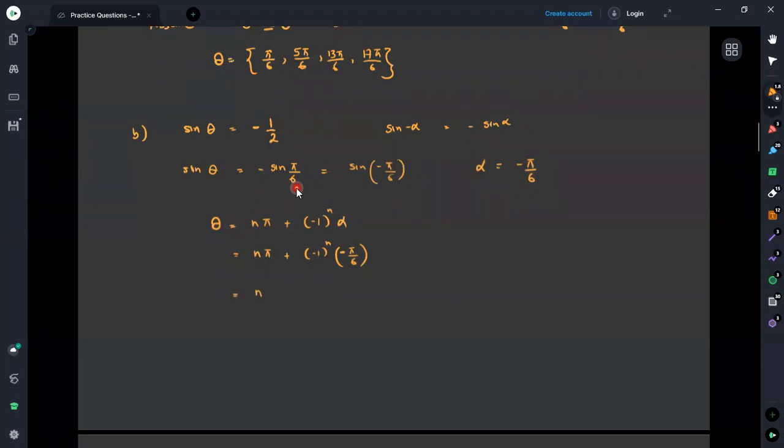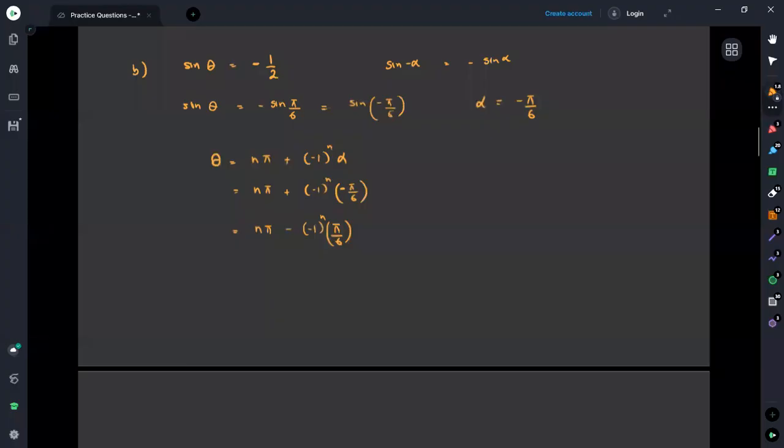Then this can be taken as n times pi minus minus 1 to the power n times pi over 6. Therefore, this is what we define as the general solution.